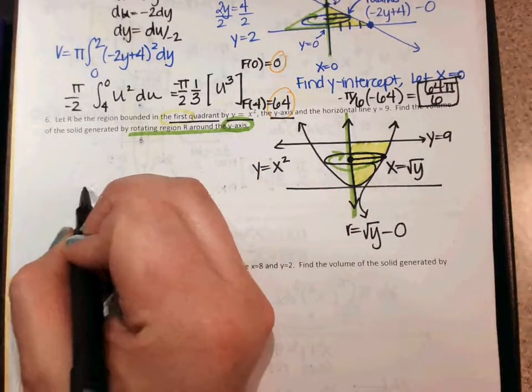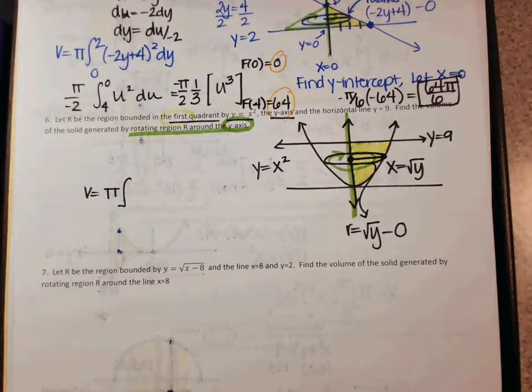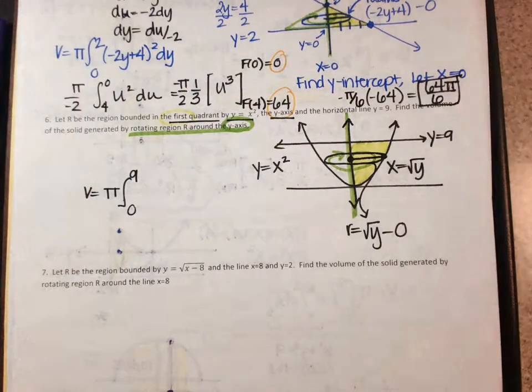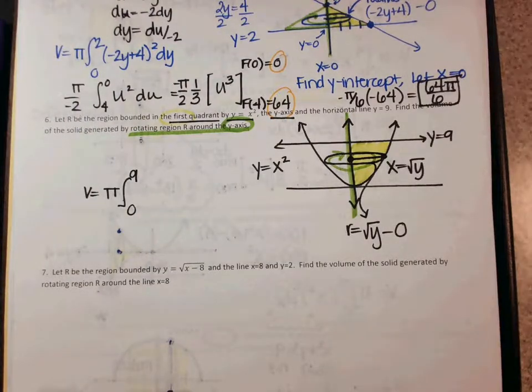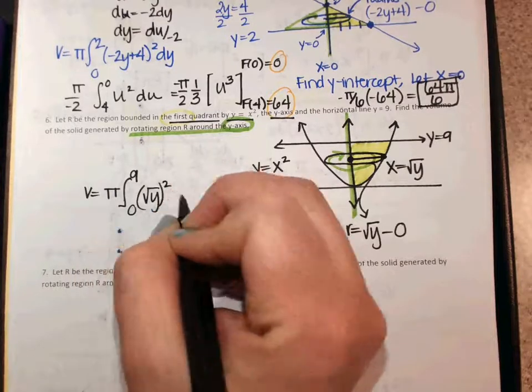So then volume equals, write your integral, don't say it out loud. Think about your endpoints. Your endpoints should be y values, and you should do pi r squared. Okay, 0 to 9. Yep, that's okay. And then we want our radius squared, which is root y squared dy.